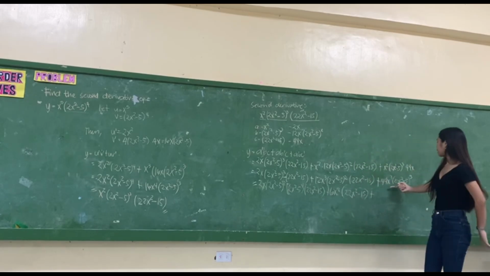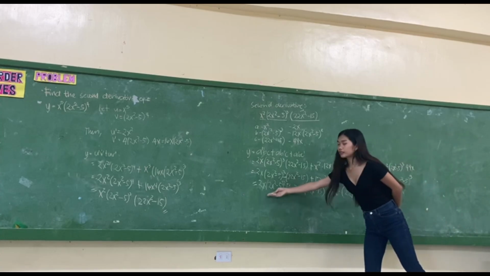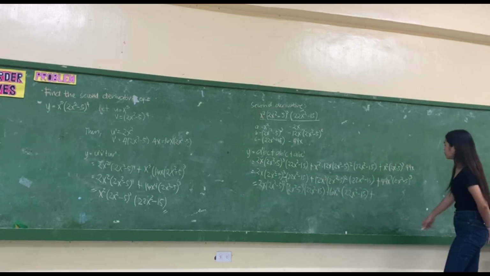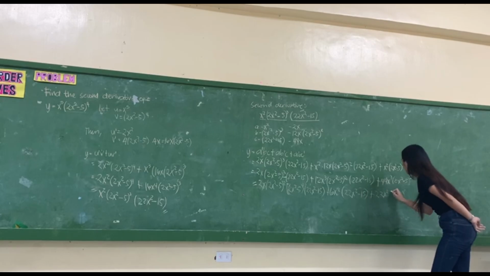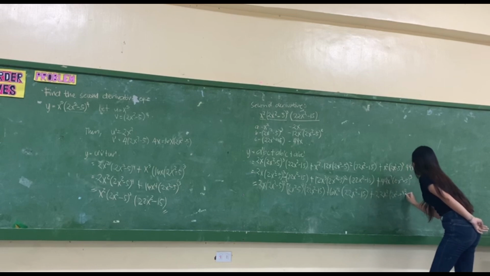Last, this factored by 2x, we have 22x squared times (3x minus 9) cubed.